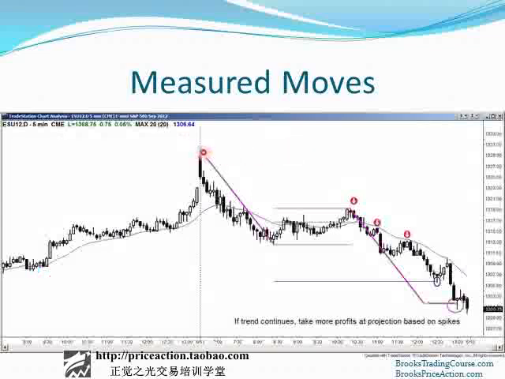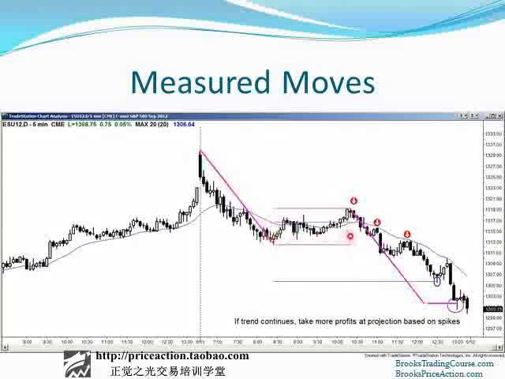So here's an example. We have the market just kept going. If the trend continues, you take more profits at projections based on the height of spikes. So for example, we have a trend down, a leg one, a trading range, and then trend resumption. So traders will look for the market to possibly reverse once it reaches the length of the first leg.